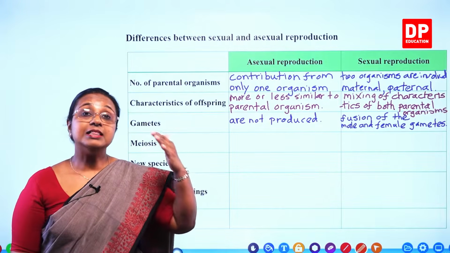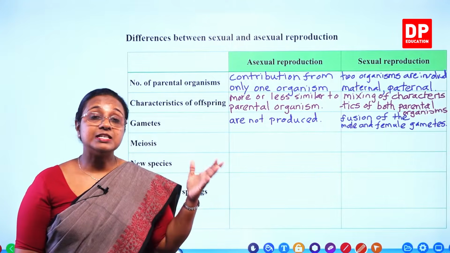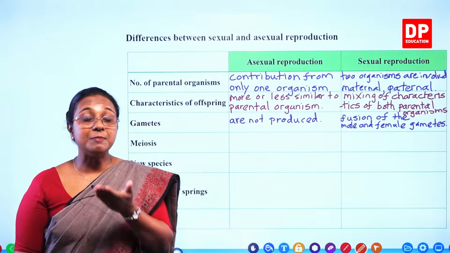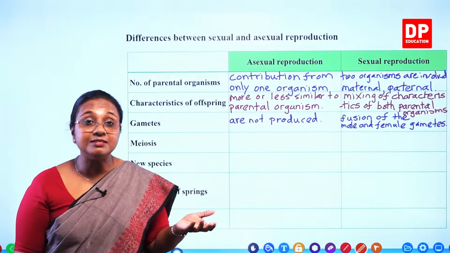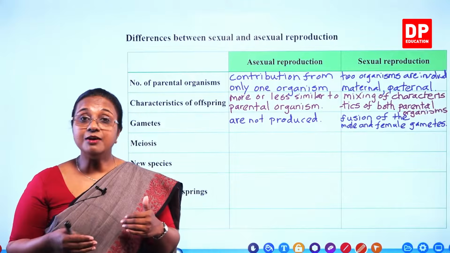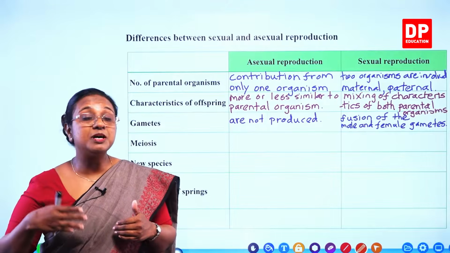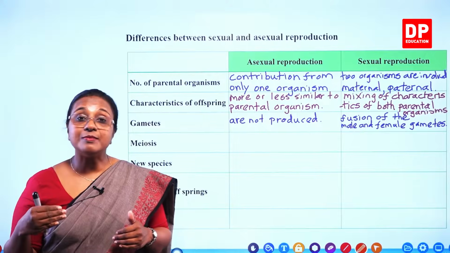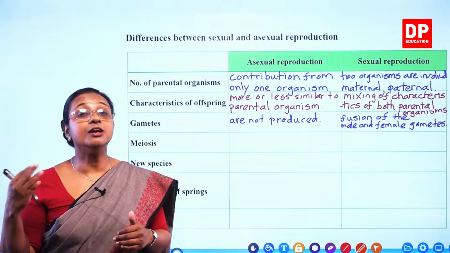There the number of chromosomes, if it is a diploid cell, becomes a haploid cell. You all can remember in man, there are 23 pairs of chromosomes in the somatic cells. When the gametes are produced, the sperms and eggs, the chromosome number becomes half, so there will be only 23 chromosomes.